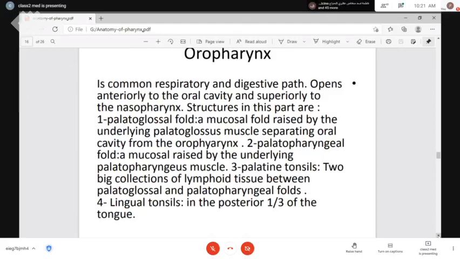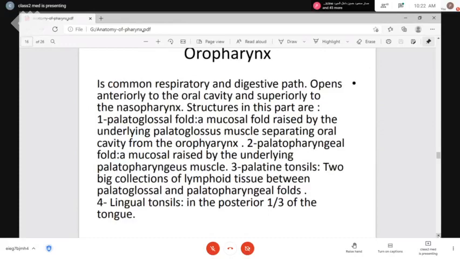Second, the palatopharyngeal fold, a mucous membrane raised by the underlying palatopharyngeus muscle. And the third, in between the palatoglossal and palatopharyngeal folds, is the palatine tonsil, which is a big collection of lymphoid tissue.